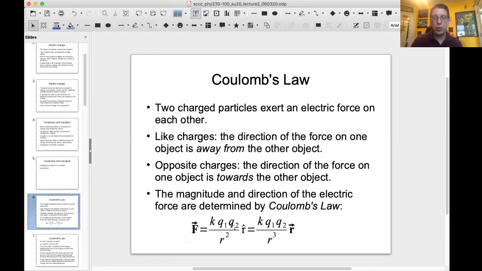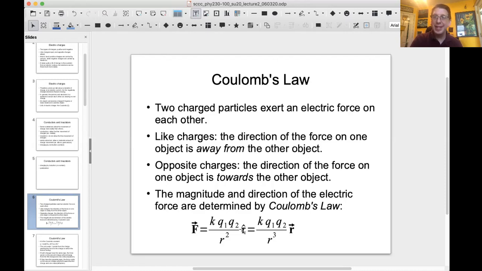So let's go back to this equation. If Q1 and Q2 are both positive, or they're both negative, then the product is going to be positive. And so the force points in the direction of the r vector, which again is away from the object that's exerting the force towards the object that the force is acting on. So it's pushing the object away. If Q1 and Q2 are opposite charges, meaning one is positive and one is negative, then the product of Q1 and Q2 is negative.